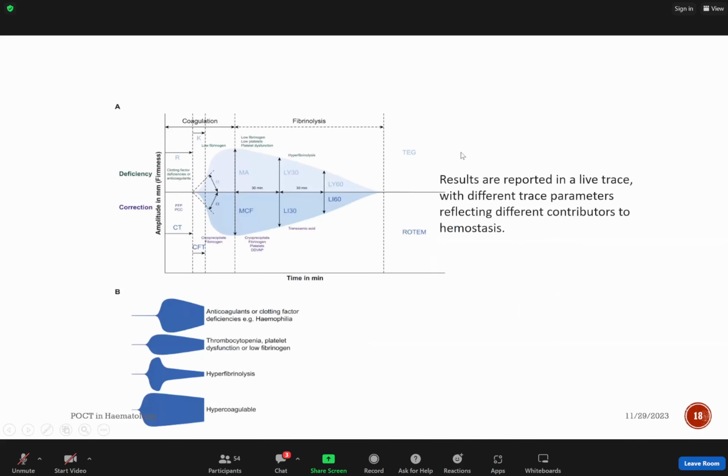Results are reported in a live trace with different trace parameters reflecting different contributors to hemostasis. It should show the trace like this, with the parameters, and they can see immediately the possible cause. For example, the bottom one, this trace shows a case with hypercoagulable state.